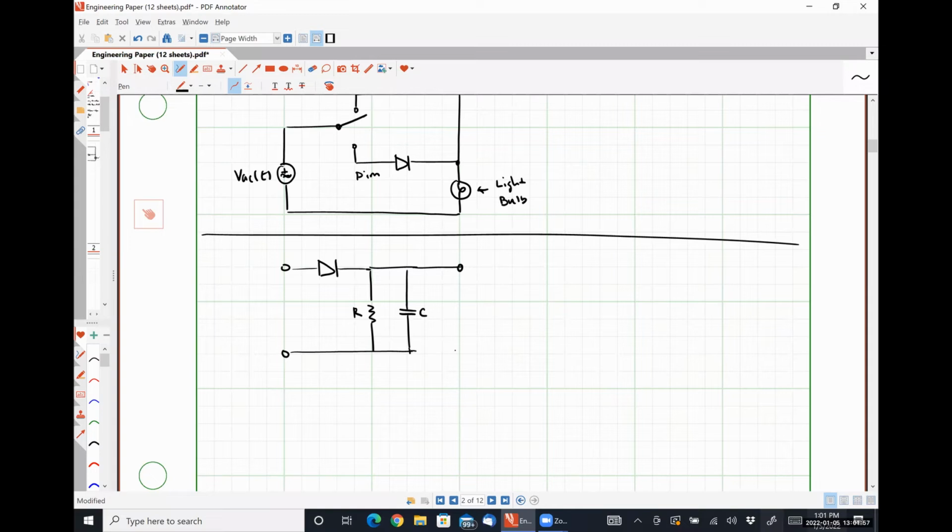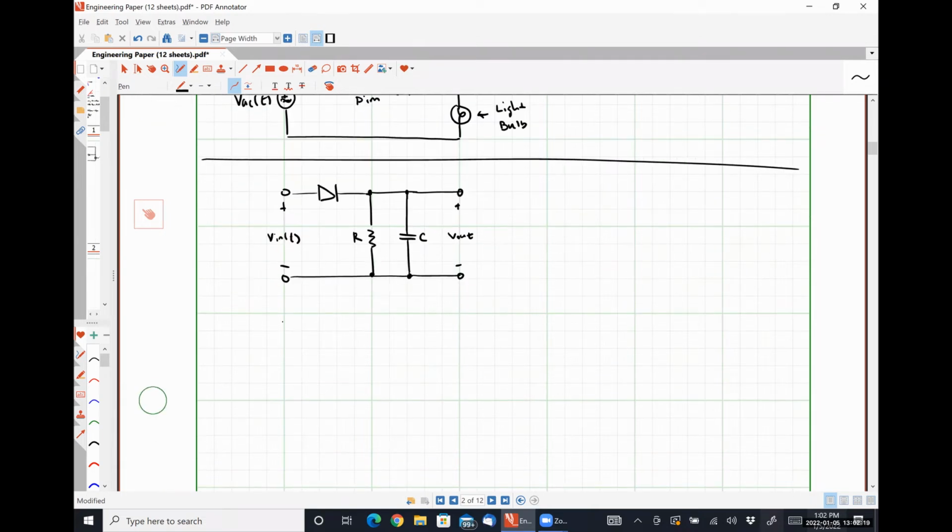And I'm only going to bother drawing this version where we're letting the positive half cycles through. This is the in, this is the out, and graphically what this will look like should be something like this.